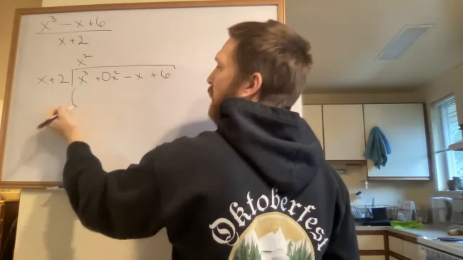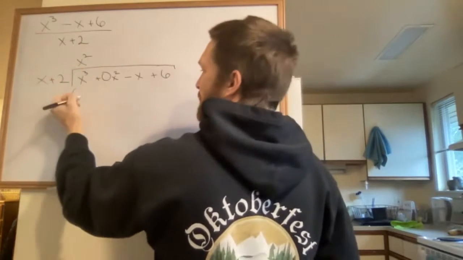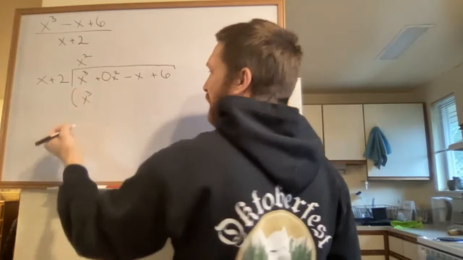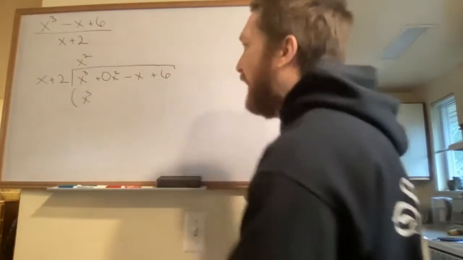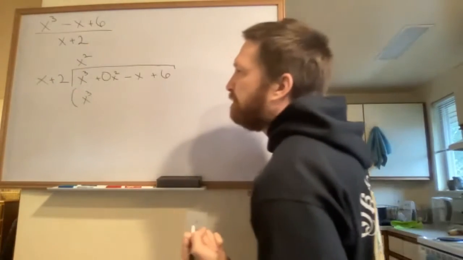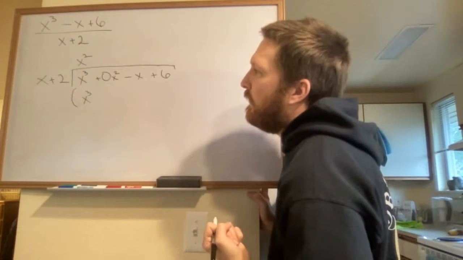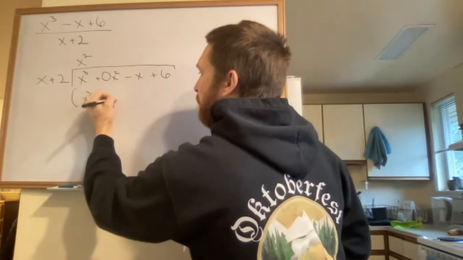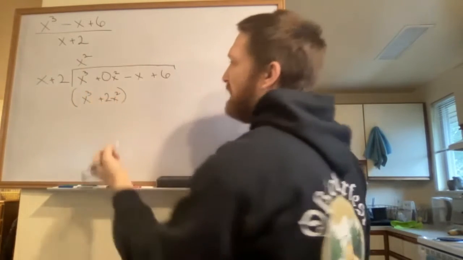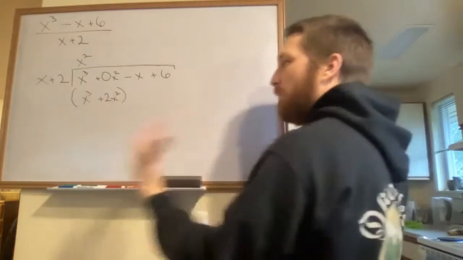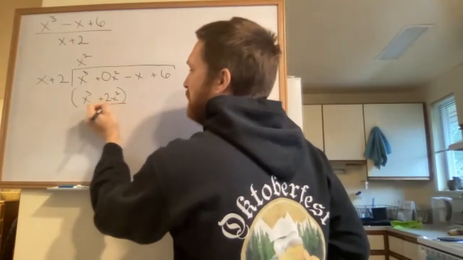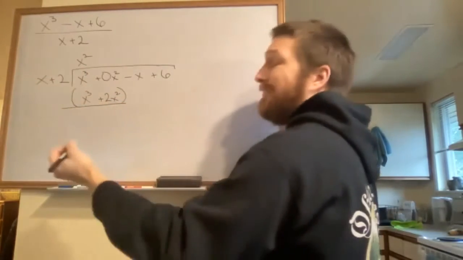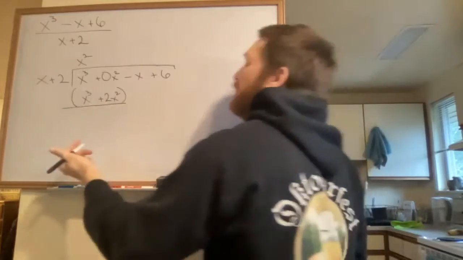X squared times x is x to the third. It had to be. Now you have 2x squared. Now we can see why that placeholder is so important. Actually, it's not deathly important, but it will make your life so much easier.